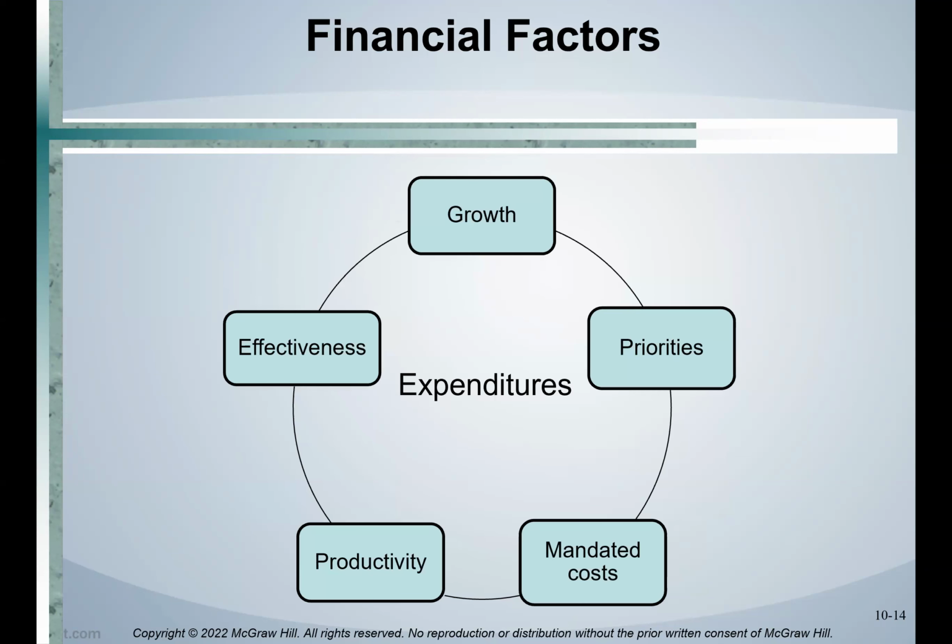Same thing with expenditures. Is there growth? And growth in expenditures can come from a variety of sources. Again, growth in the payments as we have an aging workforce and an aging society, some of those payments for various benefits. Again, the priorities associated with that. Mandated costs, I mean, that's a big thing that's talked about at the federal government.